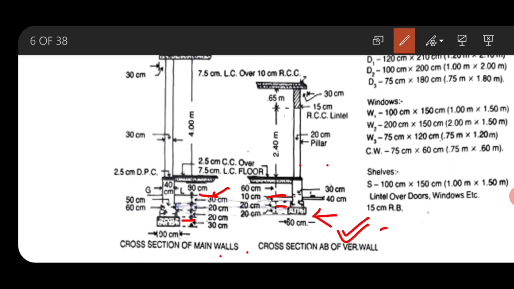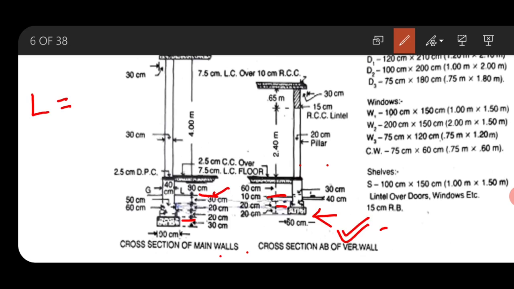So while calculating the length of the long wall of a 20 centimeter wall, we have to check which work of the 30 centimeter wall is present at that level. As this 20 centimeter wall is connected to a 30 centimeter wall on one side, this will affect the net length.